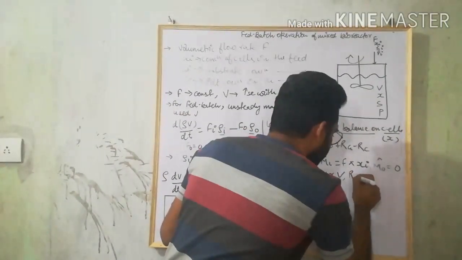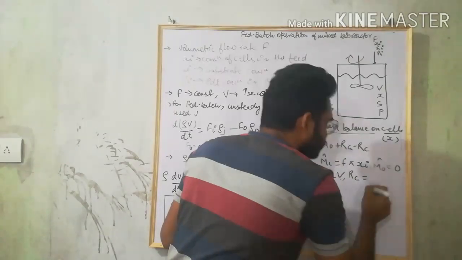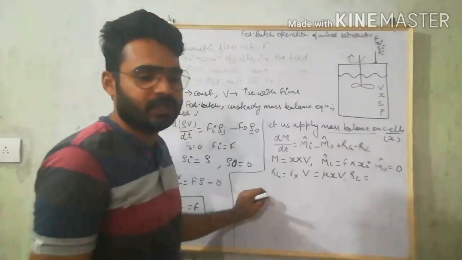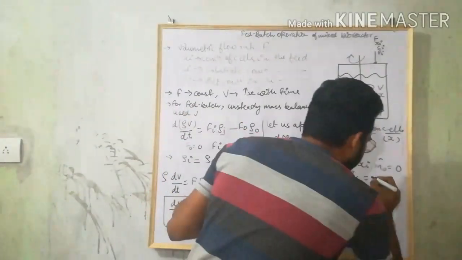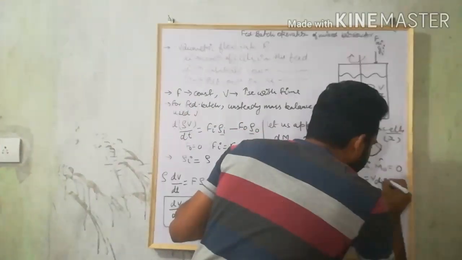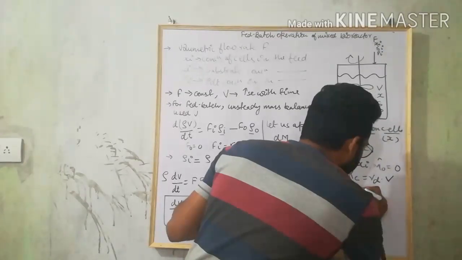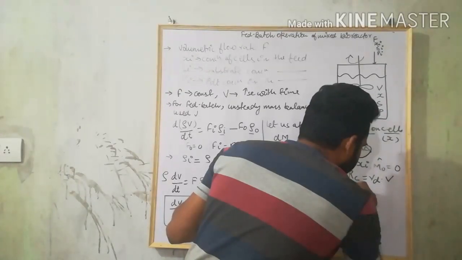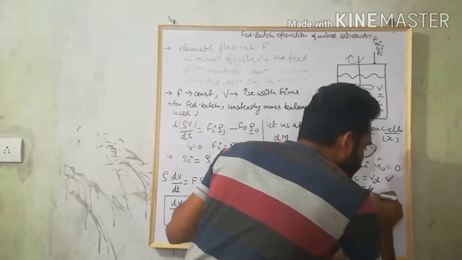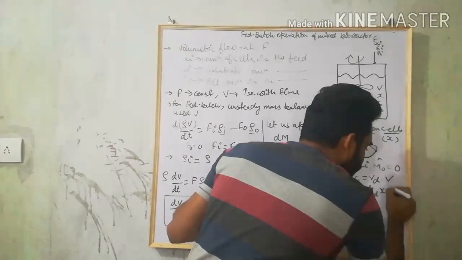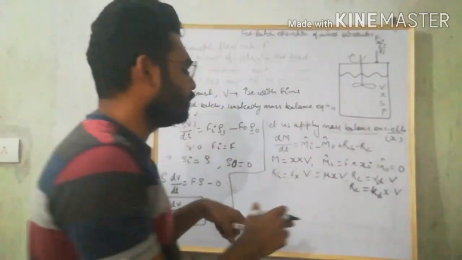What will be the rate of consumption? Rc will be equal to the volumetric rate of cell death times the reactor volume, since there is a certain amount of cell death taking place inside the reactor. Rd is equal to kd x, so Rc is kd x into V.